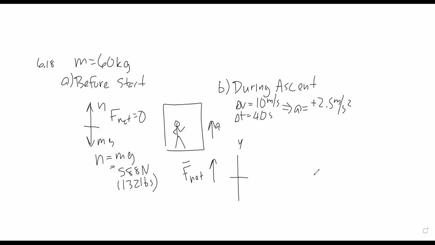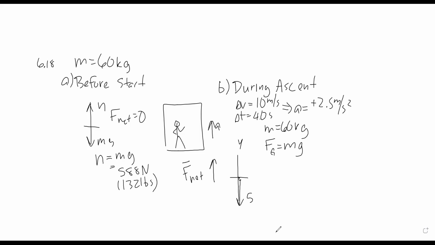Their mass is still 60 kilograms. How does gravity change? Gravity is still the same too, because we just saw in the slides and in the textbook that the gravitational force near the surface of the Earth is still just m times a constant 9.8. And so that's still 588 newtons.